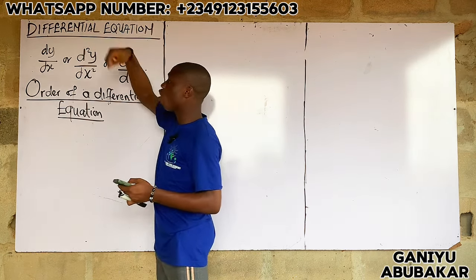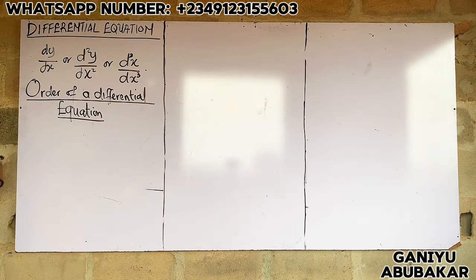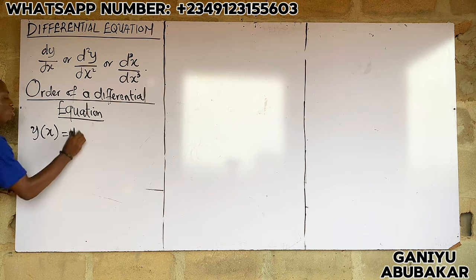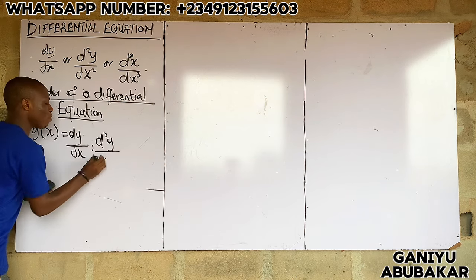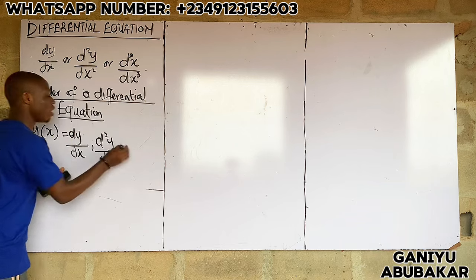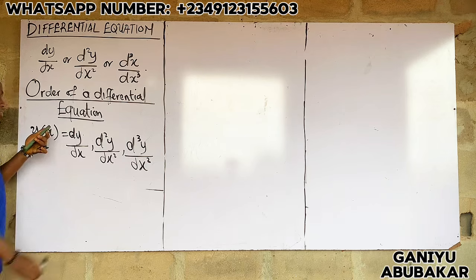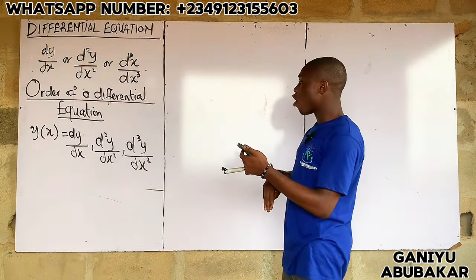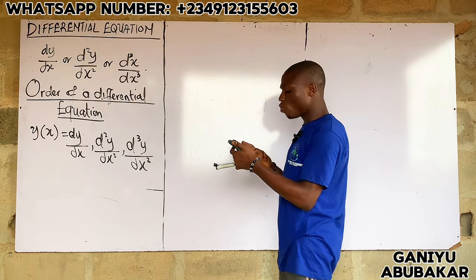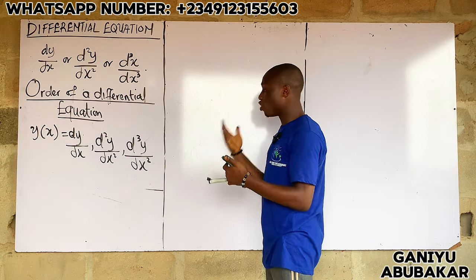Let's say I'm given that y of x is equal to dy over dx or d squared y over dx squared or d cubed y over dx cubed. I'm saying that the order of a differential equation is equal to the highest differential coefficient involved in the equation.